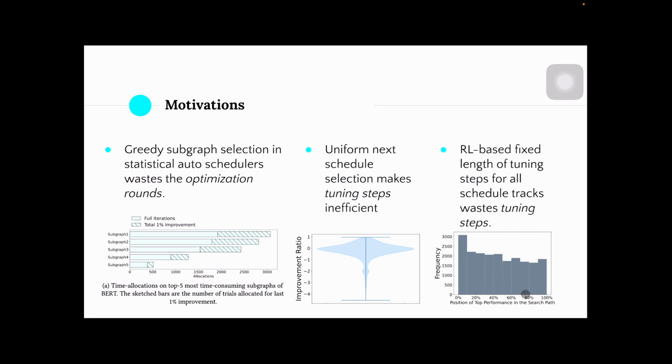From this histogram, we can see that most of the top performing schedules are around the early stage of the schedule tracks. And for the remainder of the schedule tracks, they are allocated quite uniformly. We want to have an improved tuning step allocation that can make most of the top performing schedules appear at the end of the schedule tracks.